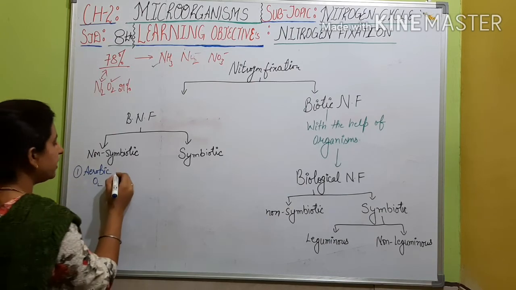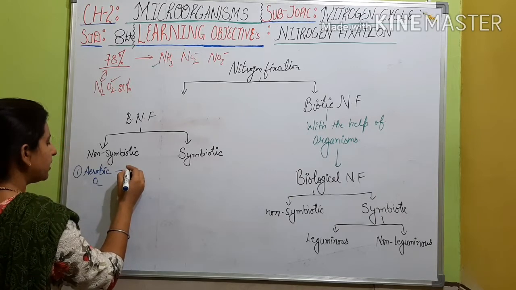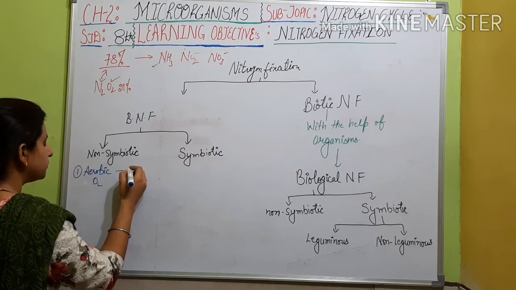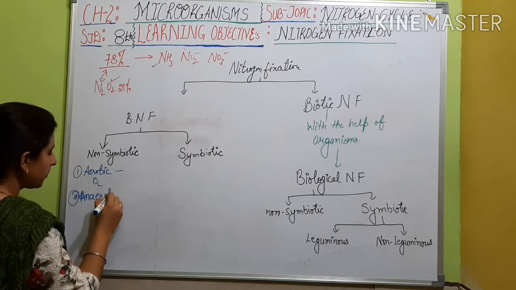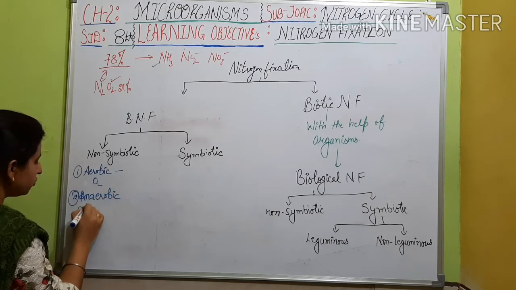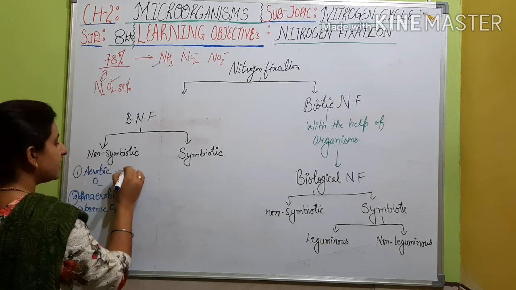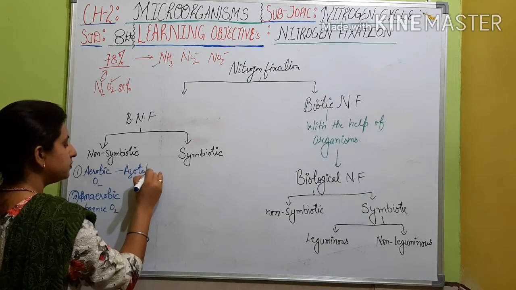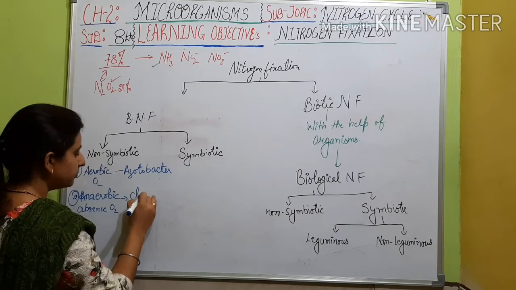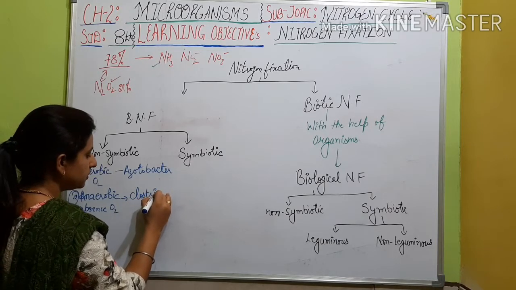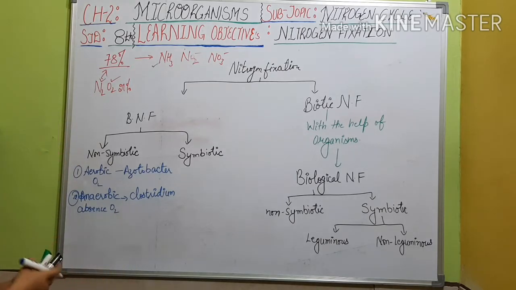So aerobic bacteria, second is anaerobic, that is in the absence of oxygen. So aerobic bacteria is Azotobacter and anaerobic is Clostridium, and Rhodospirillum is also there in books.